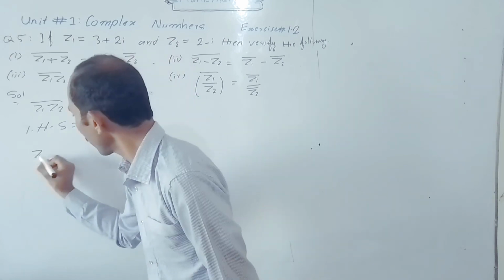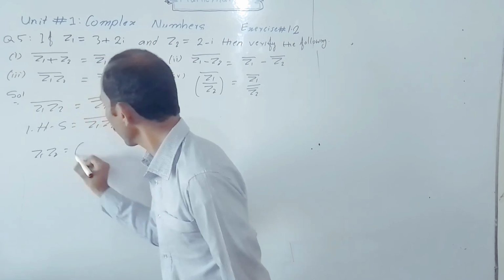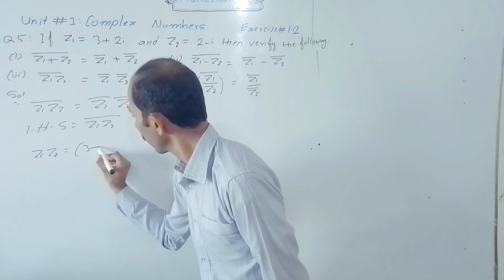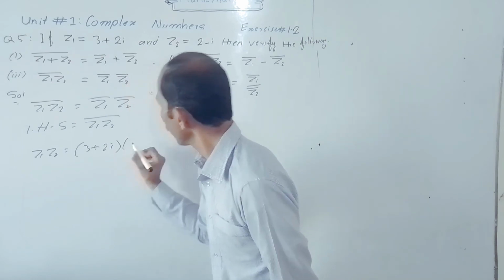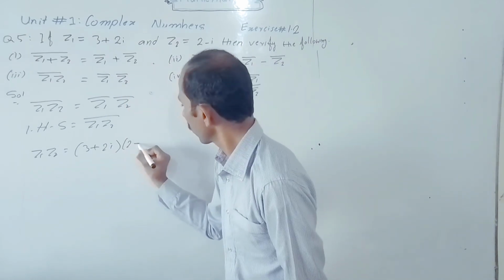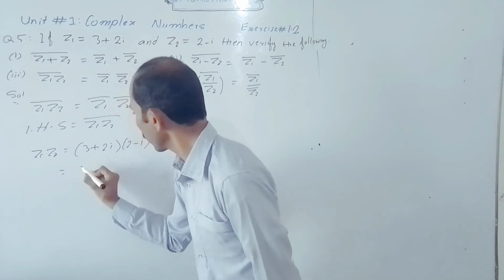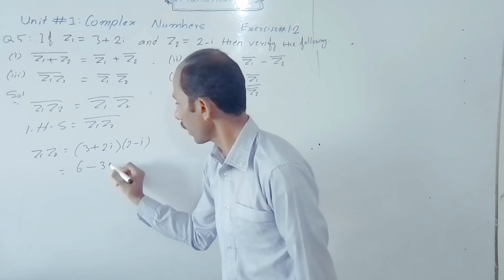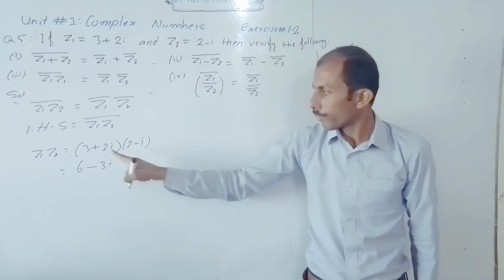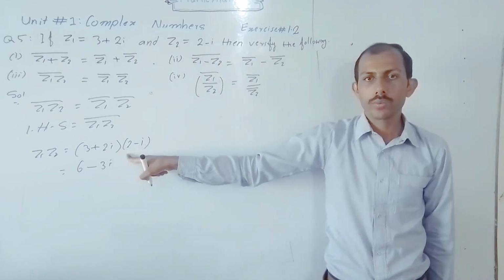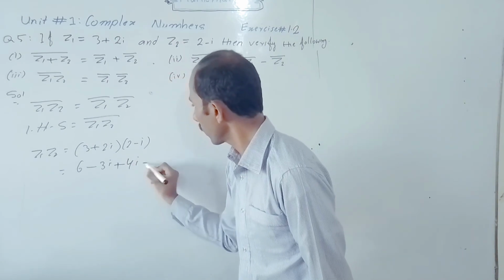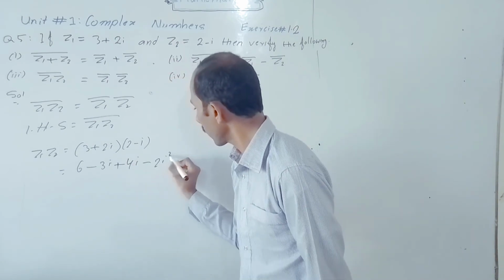It means Z1 Z2 is equal to (3 plus 2i) into (2 minus i), which is equal to 3 times 2 is 6, plus 3 times minus i is minus 3i, plus 2i multiplied by 2 is plus 4i, plus 2i times minus i, that is minus 2i squared.